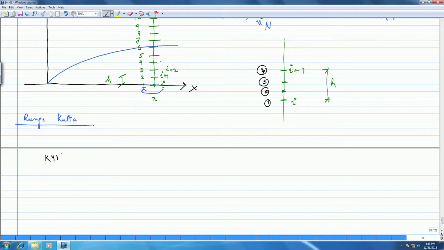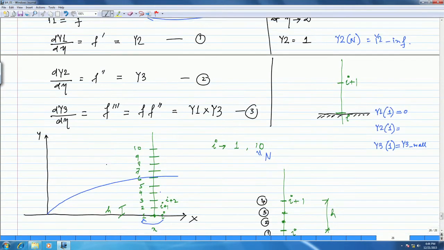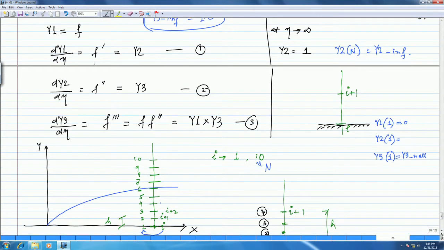Then I say ky1, 1 is equal to y2 at I. What is y2? y2 is nothing but f dash.